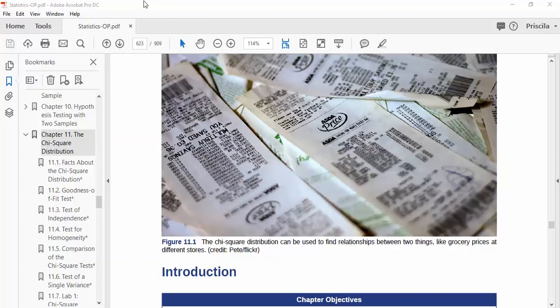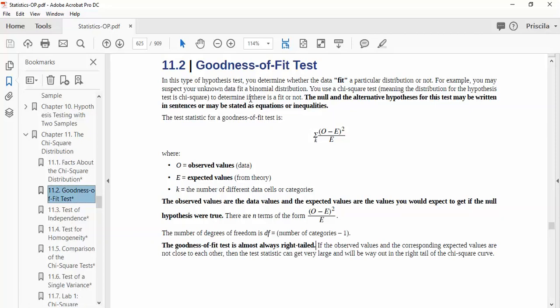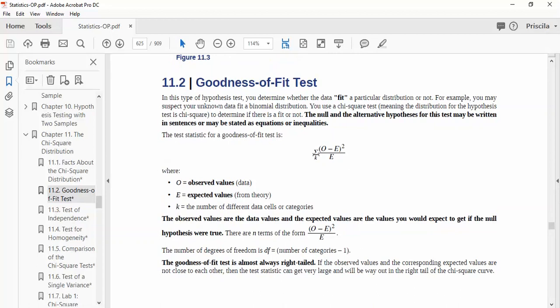There are three types of chi-square distribution. I'm only going to go over the goodness of fit test, for which I have assigned very few problems. The test statistic is the sum of your observed values minus your expected values, squared, divided by your expected values.